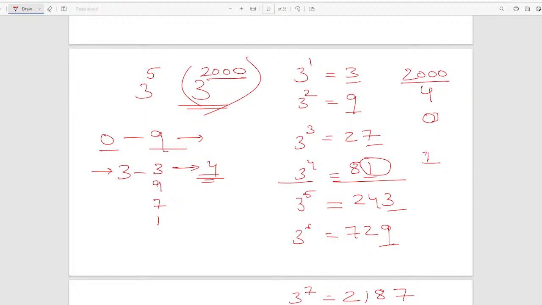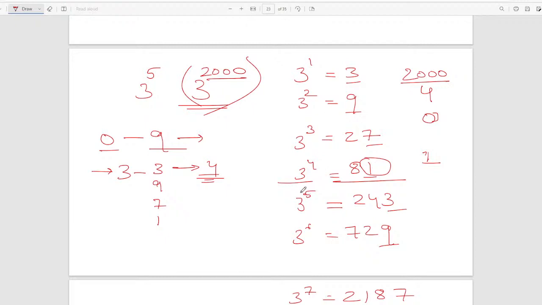Okay. See, what happens is, whenever you multiply certain numbers, at the end, the units place numbers tend to repeat after a certain pattern. For example, I have taken the example of 3 here. 3 raised to 1 is 3, 3 raised to 2 is 9, 3 raised to 3 is 27, 3 raised to 4 is 81.